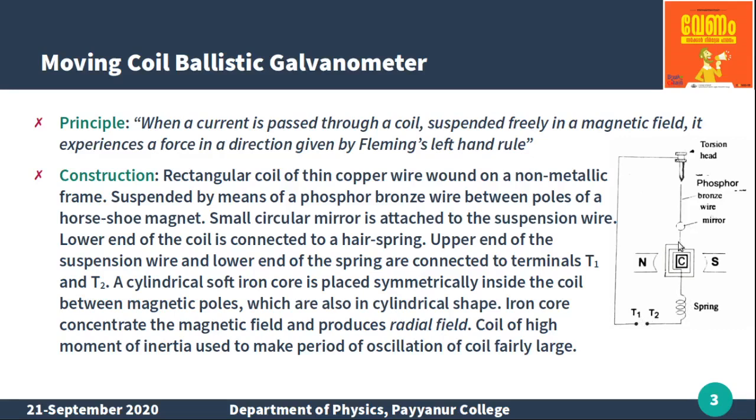The upper end of the wire is connected to the torsion head. Torsion head means it can rotate, and from there it is connected to the terminal T1.